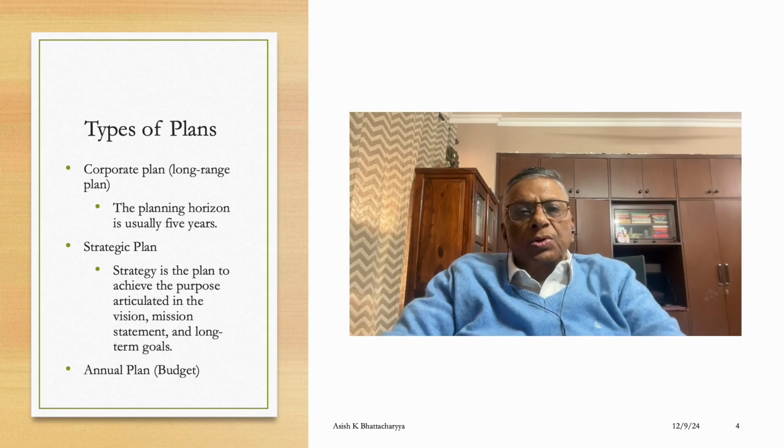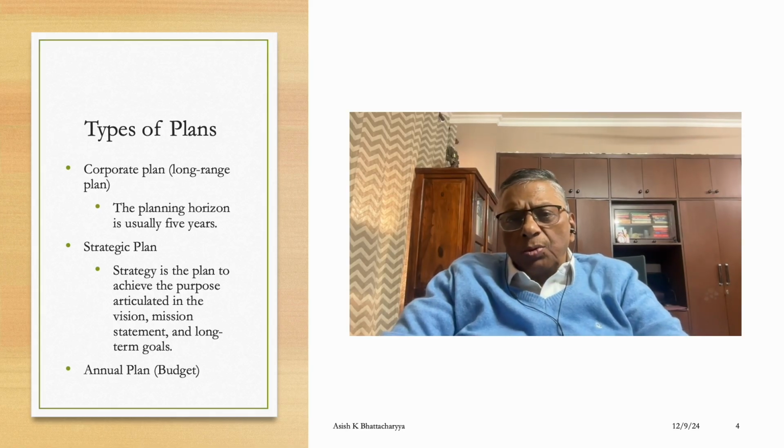When we talk about the types of plan, I will first talk about the corporate plan, although this term is not very popular these days. But yet, we have to plan long term, and a corporate plan is a long-term plan. For example, the planning period is 5 years.